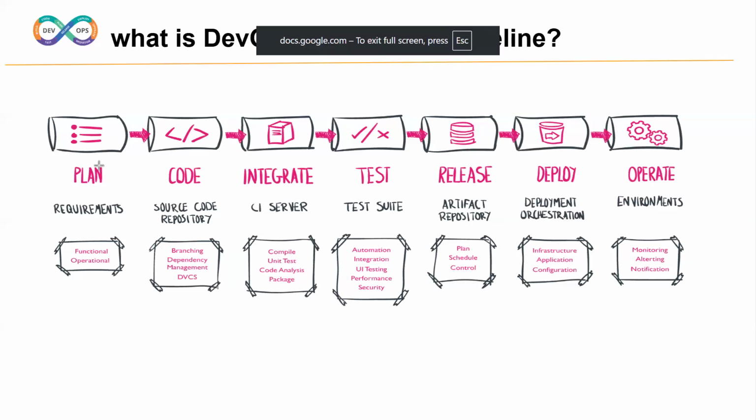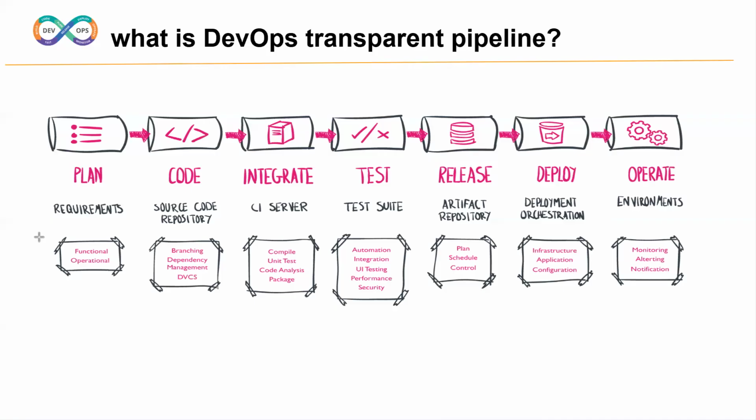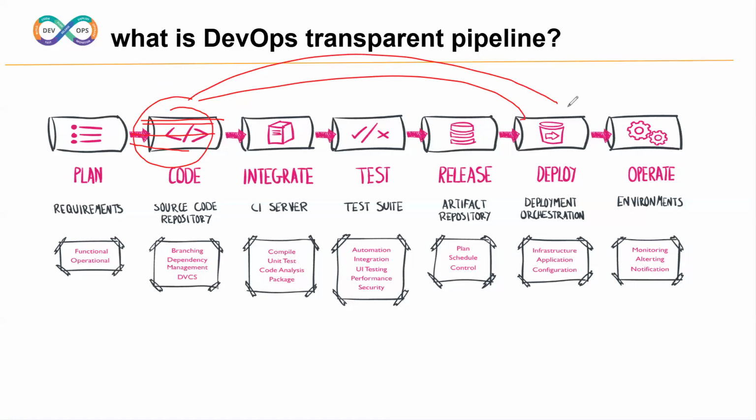So usually the developers keep on writing lines of code, making working software, delivering it into the production environment within the shortest time, with high quality and low cost.